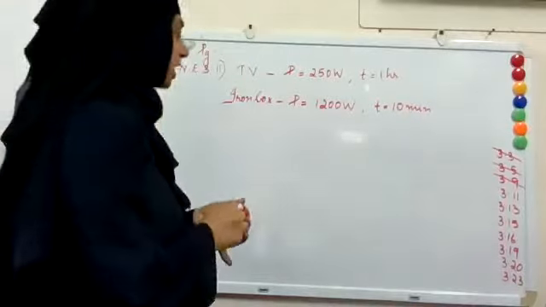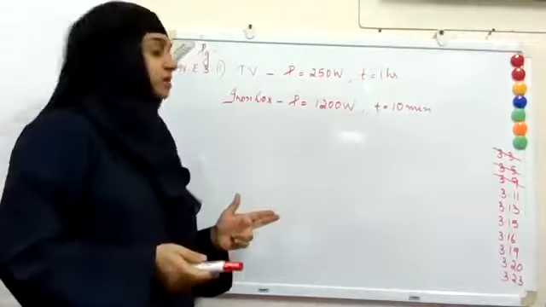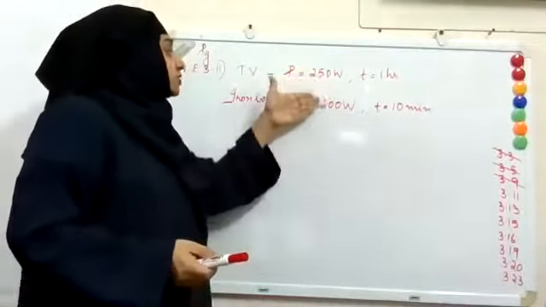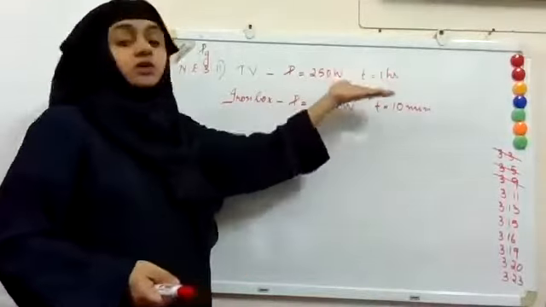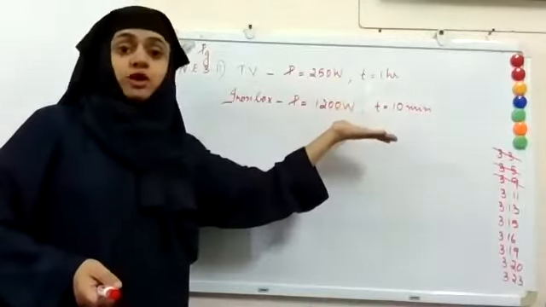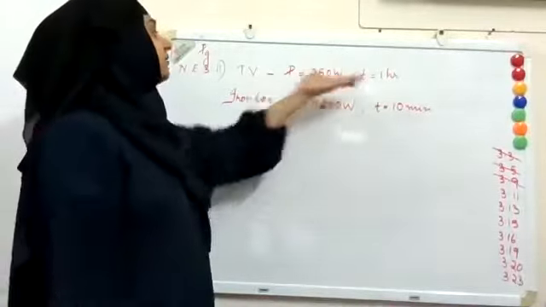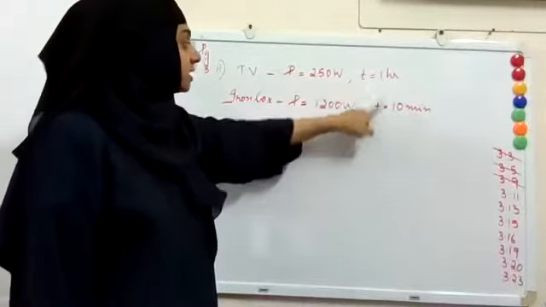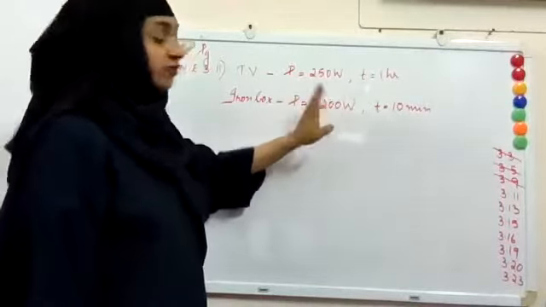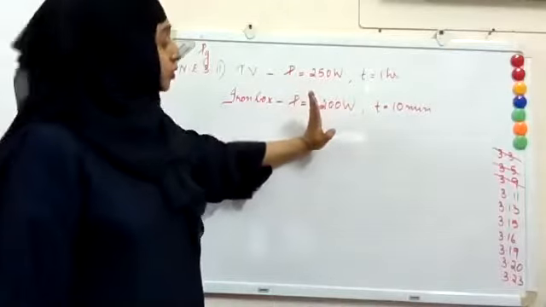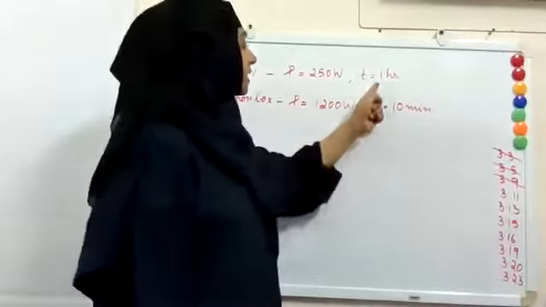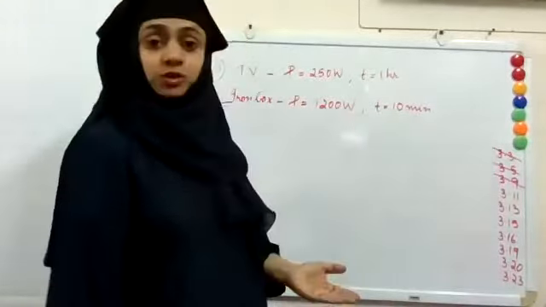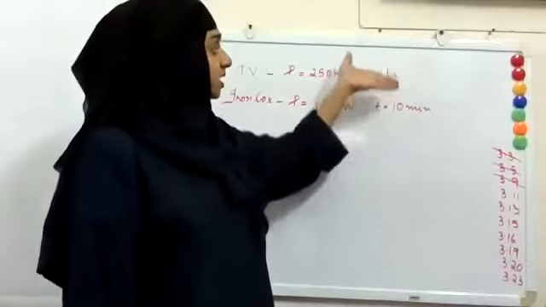Now here you have two choices. Because you just have to compare the energy, you need not convert the energy to kilowatt hour. You can directly find it taking power and time in the same unit. Here watt and watt, power is in the same unit, no need to change, but time is given in different units. So let us make the unit same.